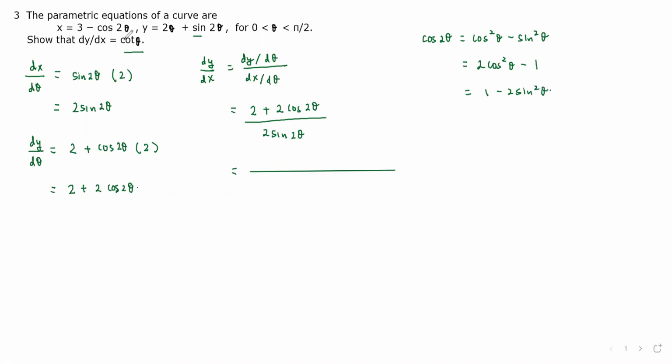Cotangent is cos over sine. So what we need to do is eliminate these 2. We need to pick one with a negative 1 so that the 2 can be eliminated. So we replace cos 2 theta with 2 cos squared minus 1.